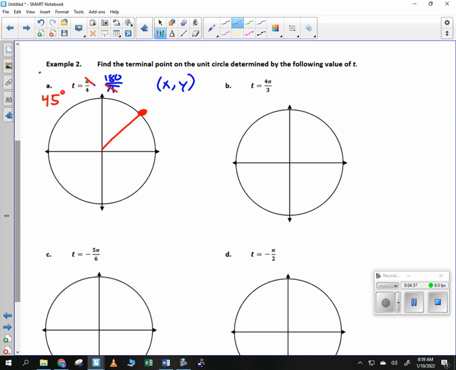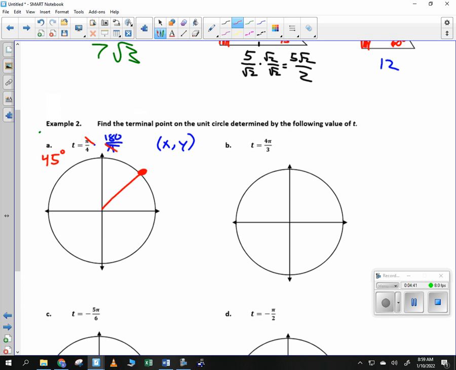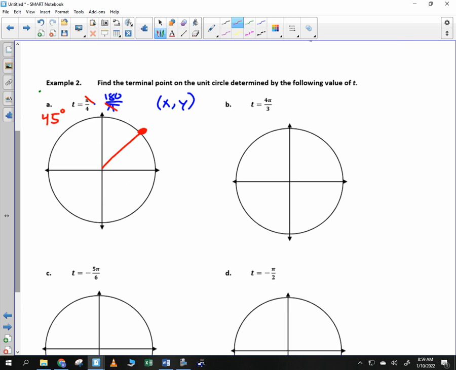And what we do in order to find that spot is we use our geometry of our special right triangles. And the geometry of our special right triangle says that this is a 45, 45, 90 triangle. Can anybody remember what we said on the previous page was the length of our radius?